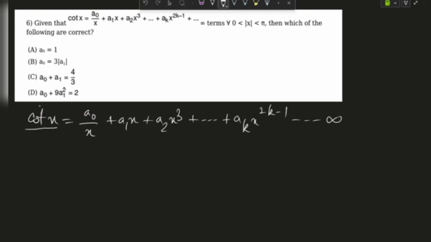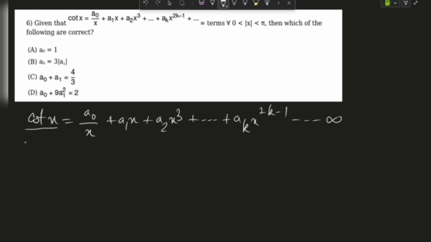First, we have cot, so if we write tan we can multiply and get the LHS as 1. Another reason is that tan also has a similar type of powers of x. Only the first term in tan is x power 1, but that doesn't matter. These are all odd powers also, so I guess tan will be perfectly fitting for this.